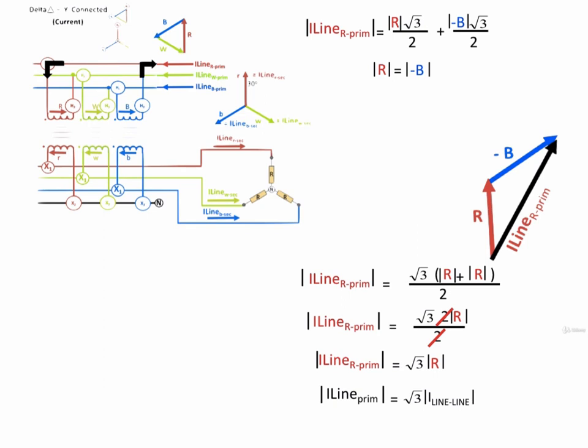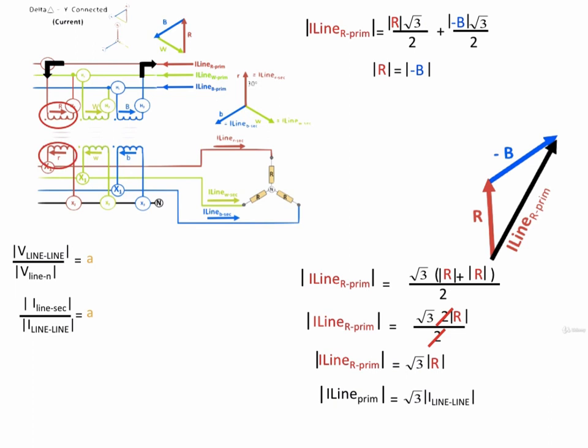Looking at the turns ratio of the individual legs of the transformer, we can define the turns ratio by looking at the ratio of the line-to-line primary voltage over the line-to-neutral secondary voltage. And that, of course, we'll equate to A, which is the turns ratio of the individual leg of the transformer.